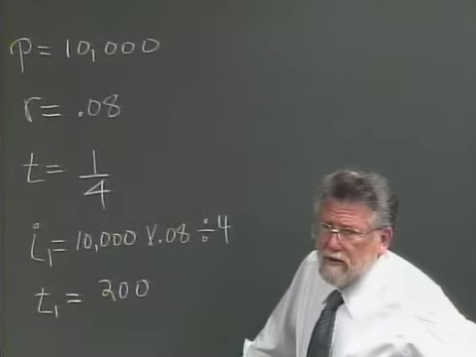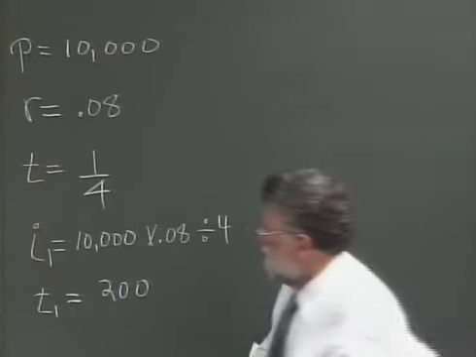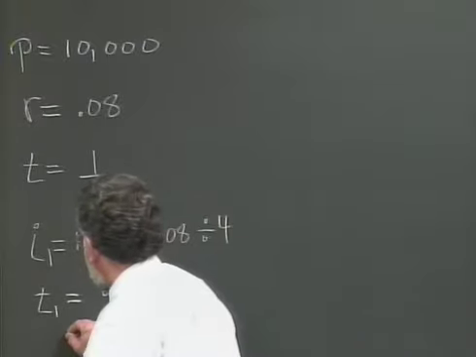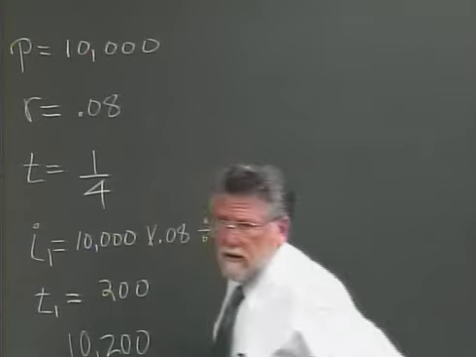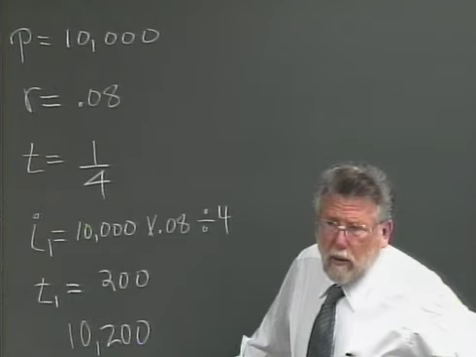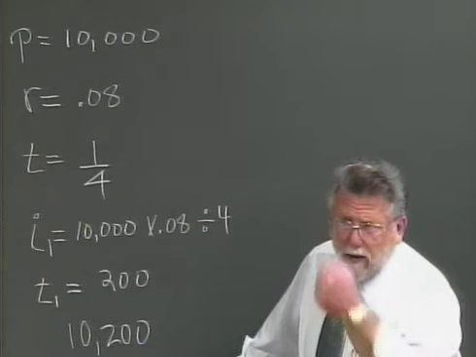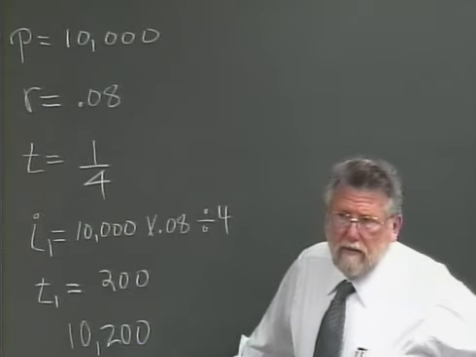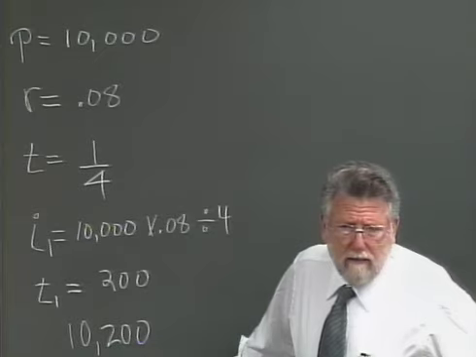That makes sense. So how much do I have in the bank? 10,200 at the end of 3 months. So this is what I would have for the next 3 months. And so what would I do with that? I'd multiply that times 0.08, divide by 4, and I get a new interest. Now, what I want to do is change the way you approach the problem.